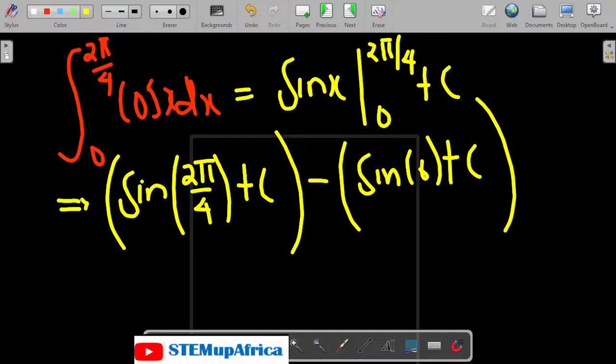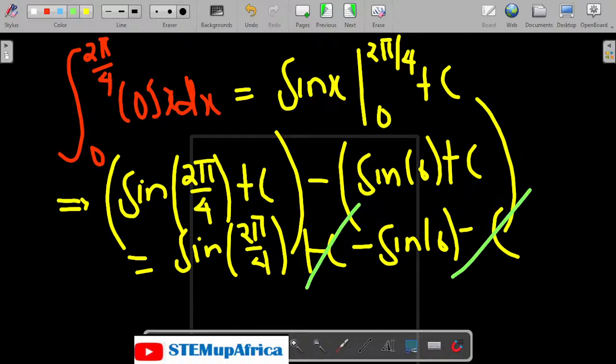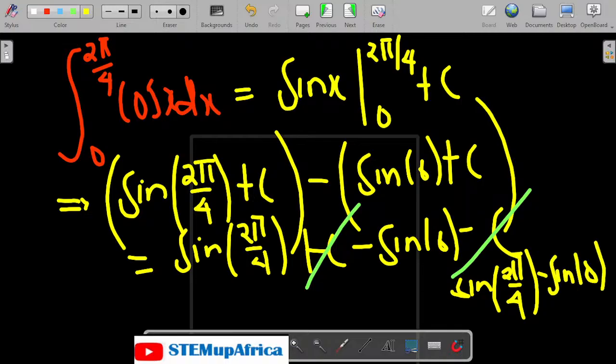If I simplify, that gives sine 2 pi over 4 plus c minus sine 0 minus c, such that minus c and plus c cancel each other. So I'm left with sine 2 pi over 4 minus sine 0.